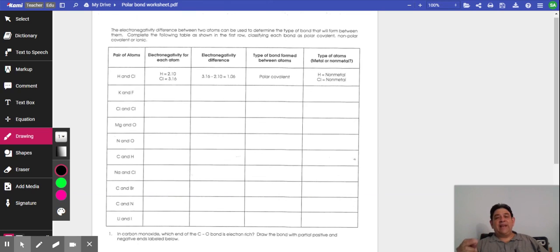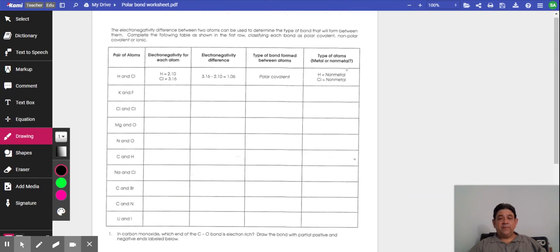So if it's less than 0.5, it's non-polar covalent. If the difference is greater than 0.5 and less than 2.0, it is polar covalent. And if the difference is greater than 2.0, then we'll call it ionic. This is where you'll write it down. You'll get the differences here, and then you'll write them down here.